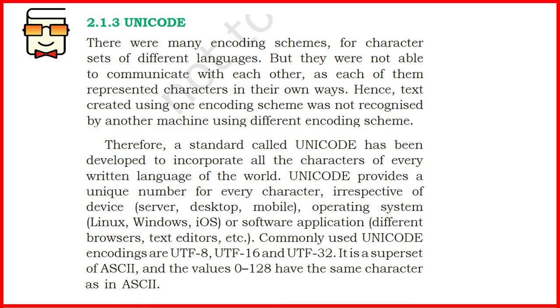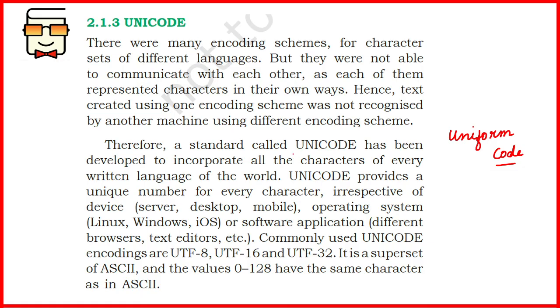So how to standardize everything across the world? There was only one way, and that was to develop a uniform code that incorporated all the languages of the world, all different dialects and regional languages spoken across the world.